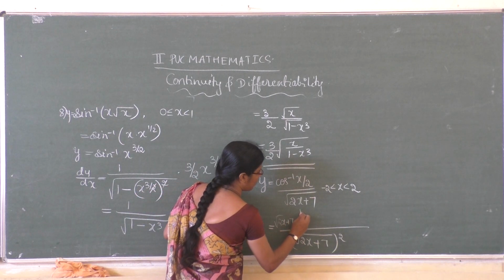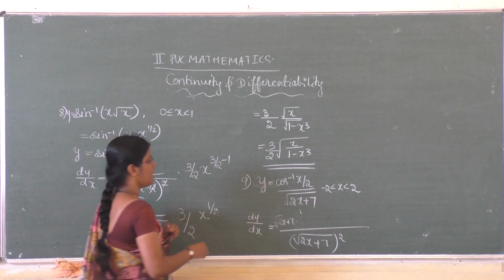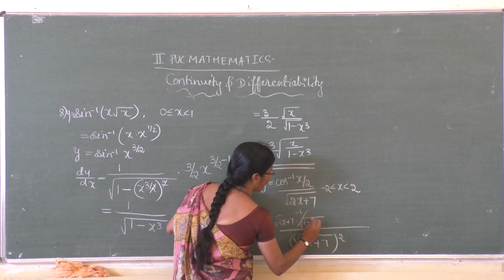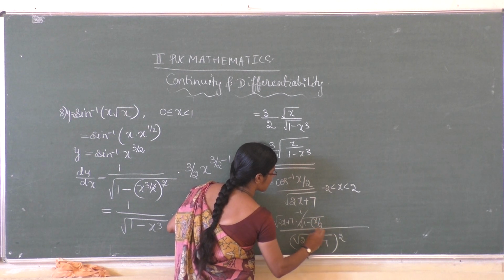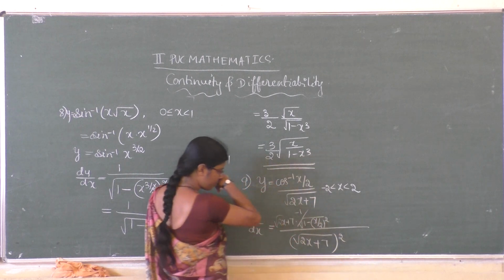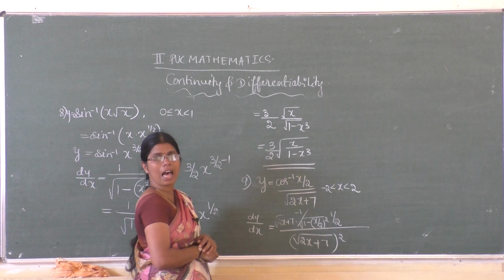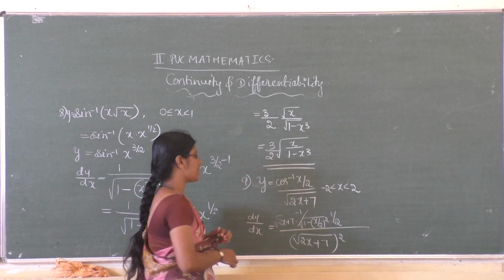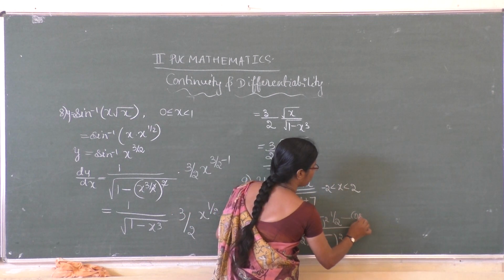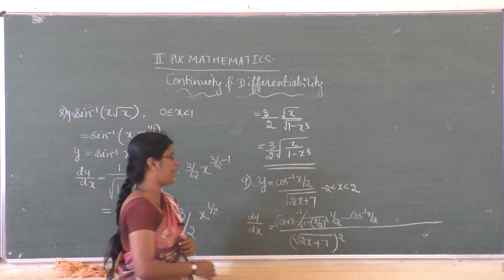The derivative of cos inverse x by 2 is minus 1 by square root of 1 minus x by 2 whole square, then the derivative of x by 2, that is half, because half is constant and the derivative of x is 1, minus cos inverse x by 2 as it is, into the derivative of root 2x plus 7.